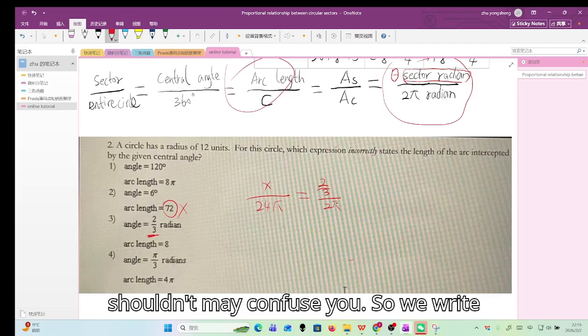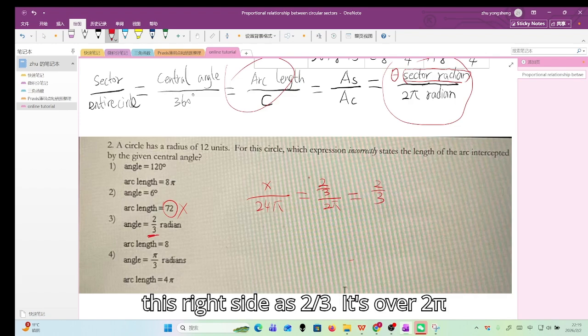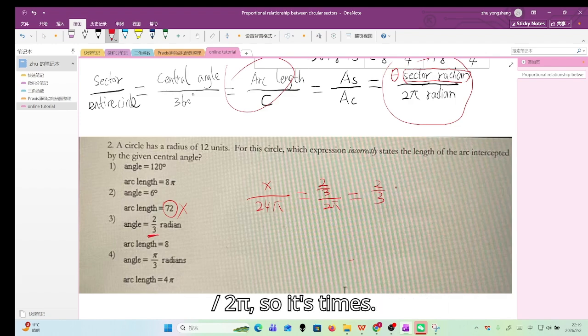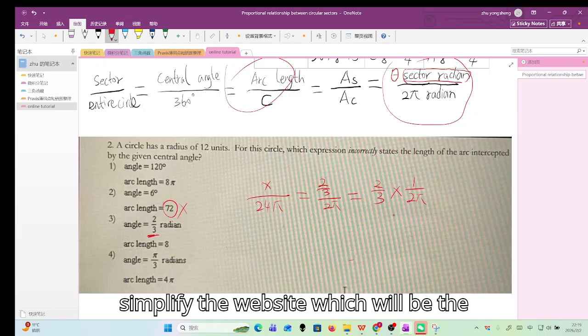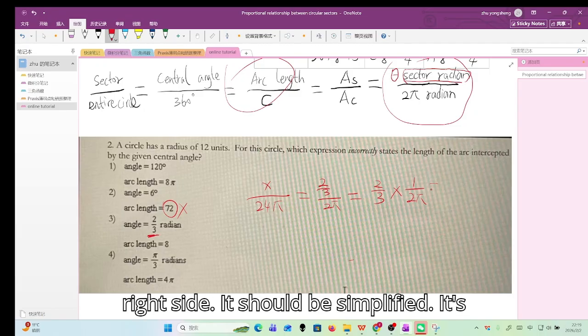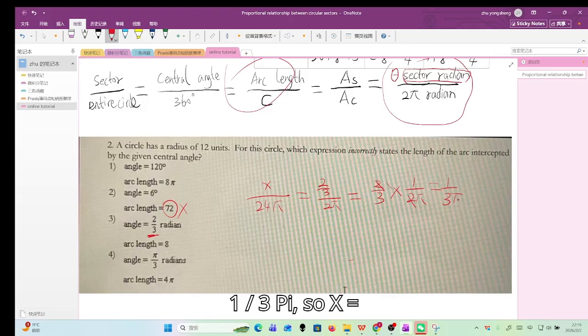Here some students may get confused. So we rewrite this right side as 2/3 divided by 2 pi, so it's times 1 over 2 pi. And you simplify the right side. It should be simplified to 1 over 3 pi.